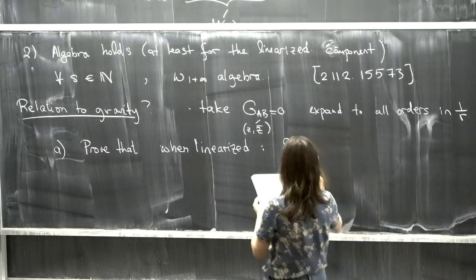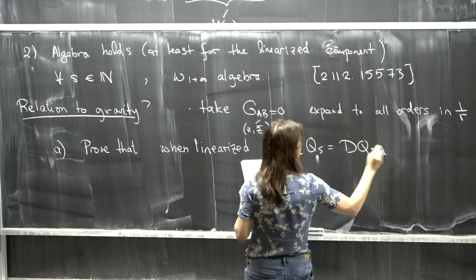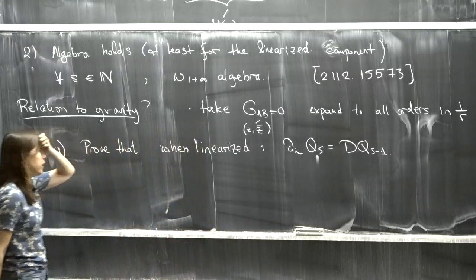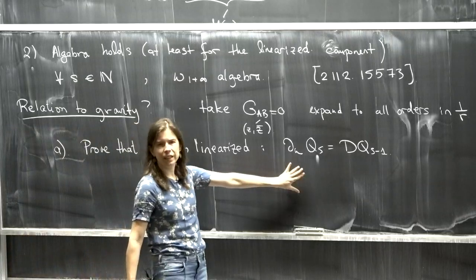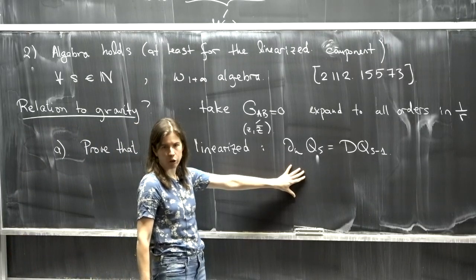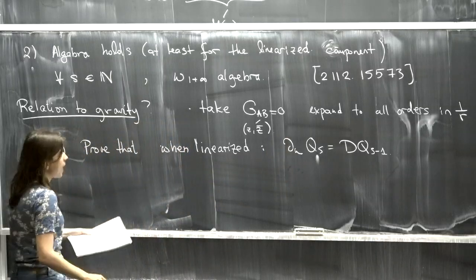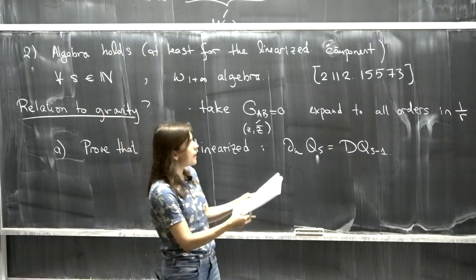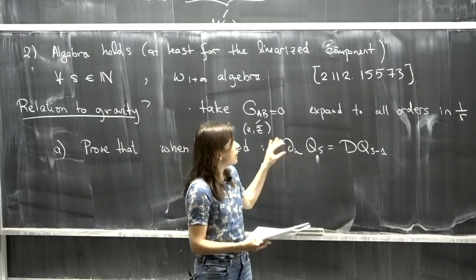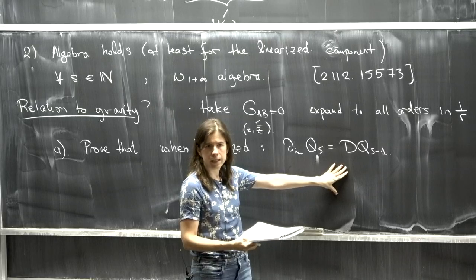Namely, you get du of Qs is equal to d Qs minus 1. And this result was actually known. One has to do a little bit more repackaging, but you can extract this result from papers by Newman and Penrose in the 70s. One just has to do a little bit more massaging. And the reason why it's so easy to analyze these is that these equations just come from a 1 over r expansion of the Bianchi identities in gravity.